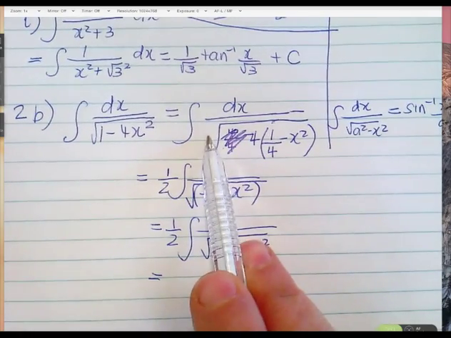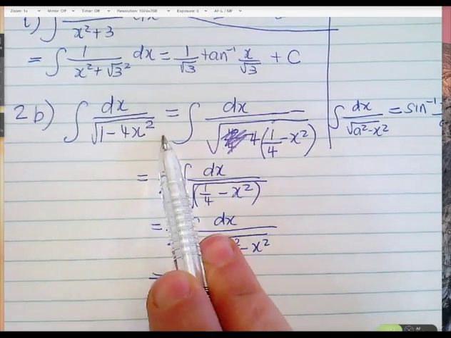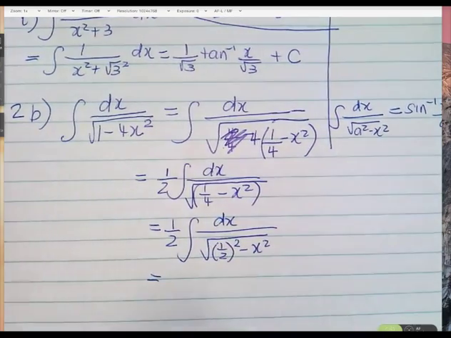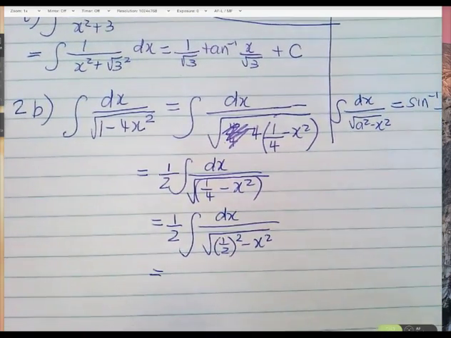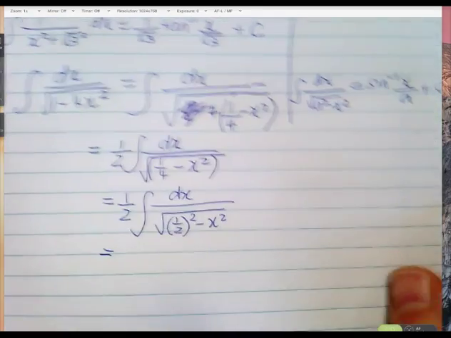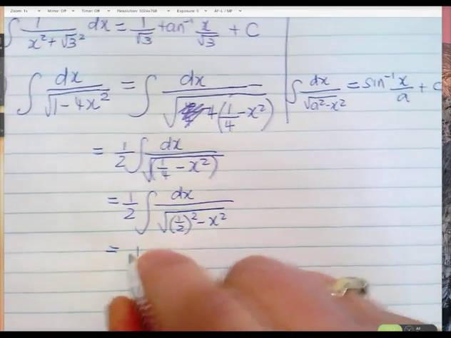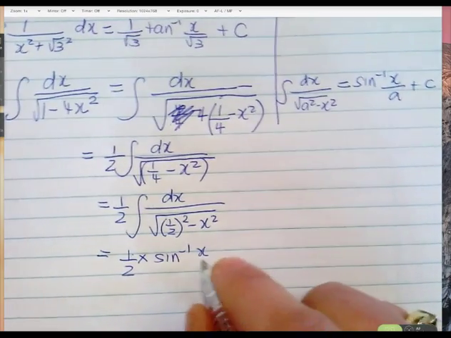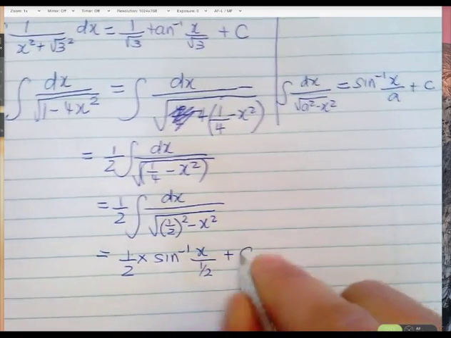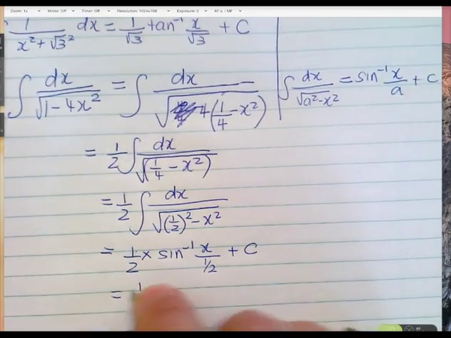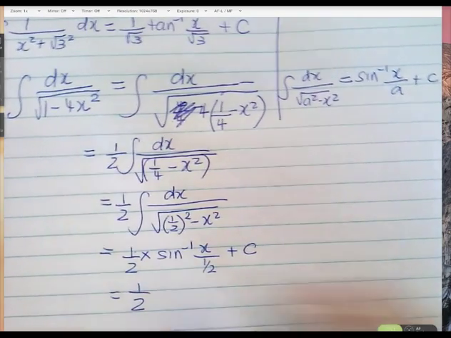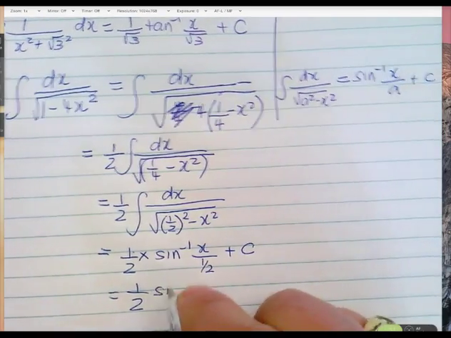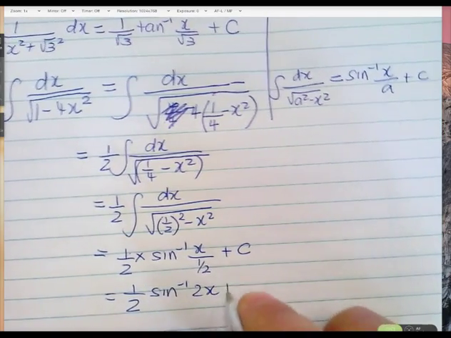Square root of 4 is 2, so we'd have a 2 out the front of the square root. We may as well bring it to the front of the integral. So what do we got now? Now we can do it. That's a half times the inverse sine of x divided by a half plus c, which is what? A half inverse sine of 2x plus c.